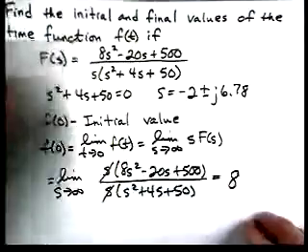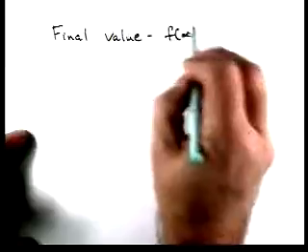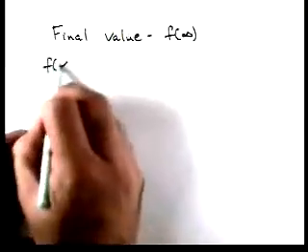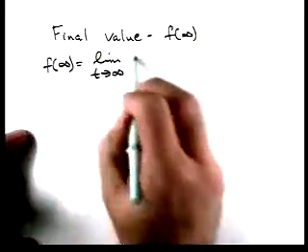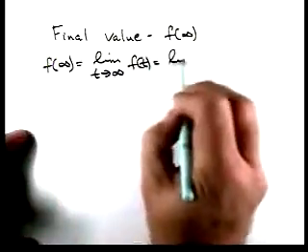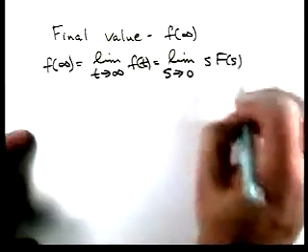So we've already checked that the final value exists, so now let's calculate it. The final value, we'll call it f of infinity, is the limit as t approaches infinity of f of t, which is the limit as s approaches 0 of s F of s.